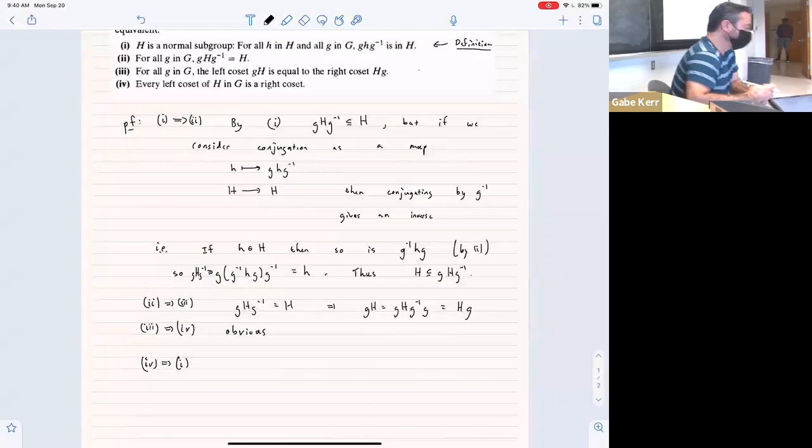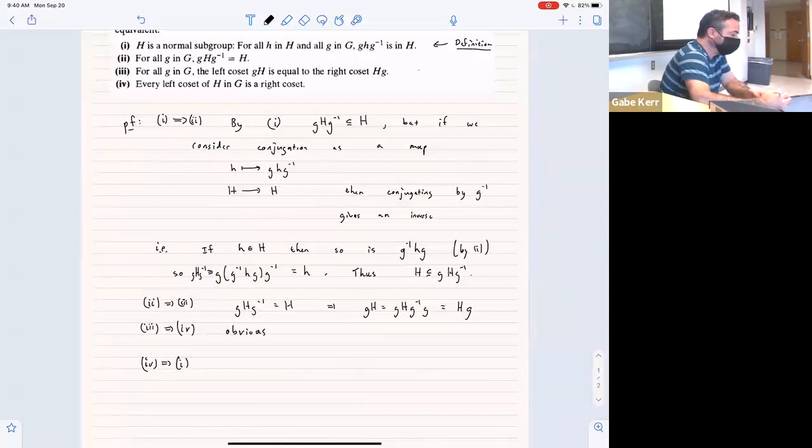Let me do this instead. Let me actually say the following. Like if by multiplying together, every left coset is a right coset. So if we multiply by G on the left, that means we have a left and a right coset. We can multiply by G inverse on the right. And that's that statement up there.